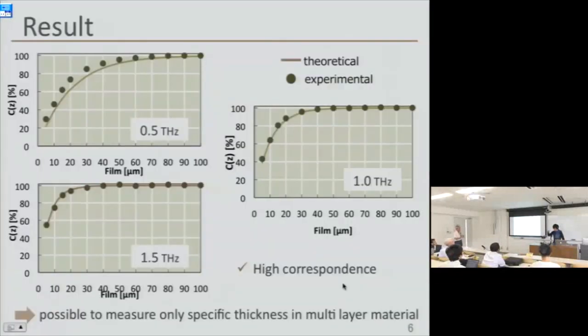If the water content distribution in the cornified layer is the same, yeah, I can measure half of the cornified layer, but I don't know if the distribution is the same or not. So if the distribution is not the same, I need to measure all of the cornified layer.